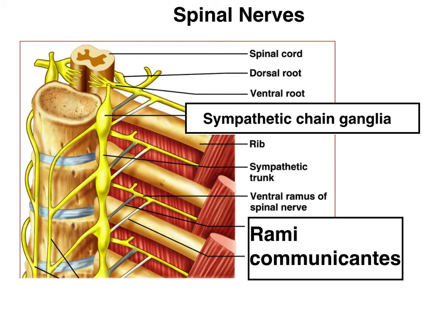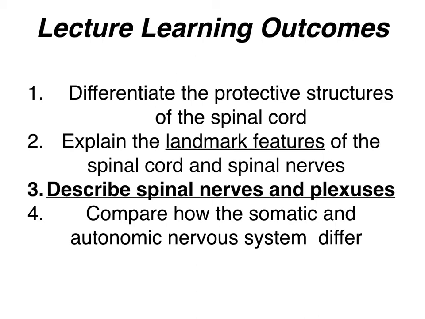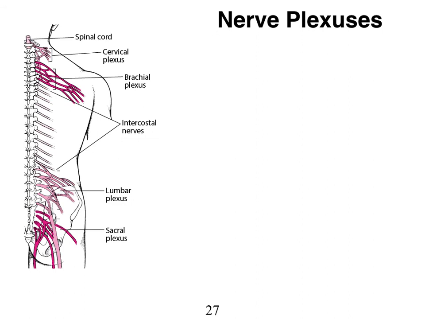But what's very important now is that we talk about the spinal nerves. So for your third lecture learning outcome, it's important that you're able to describe the spinal nerves and how they are organized in things called nerve plexuses. The idea of a nerve plexus is that a plexus is a very branched network of things like fibers.